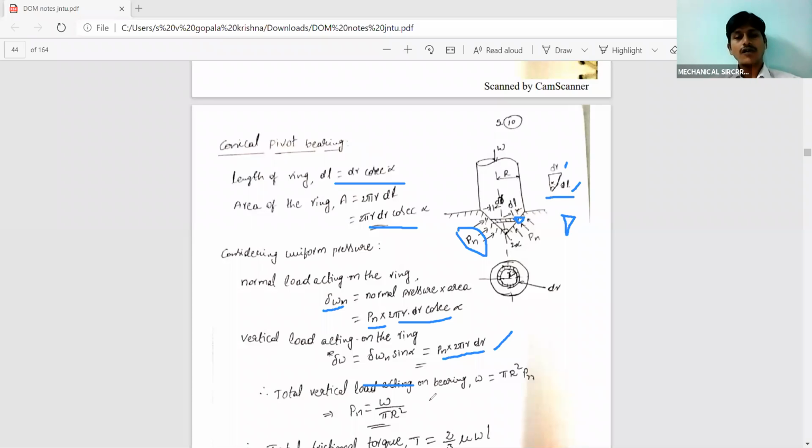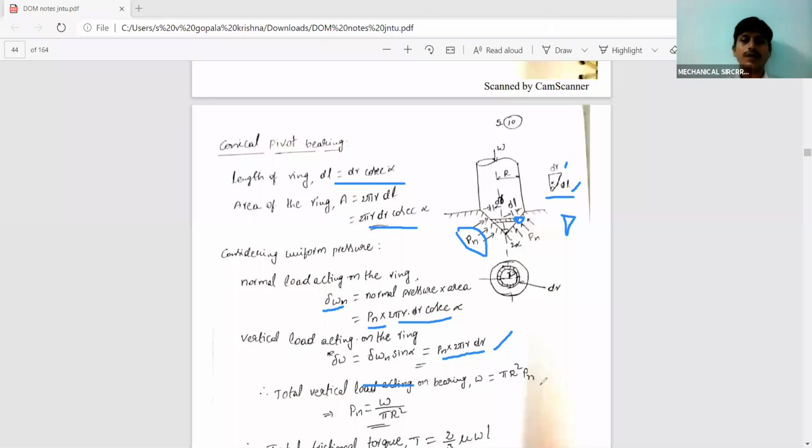Having found the vertical load acting on the ring, we calculate the total vertical load acting on the bearing. W equals pi r square Pn.